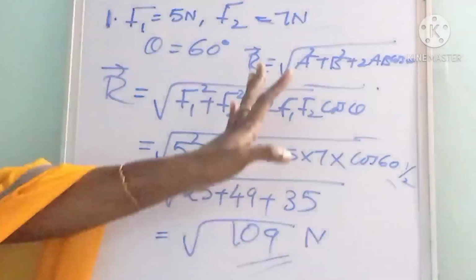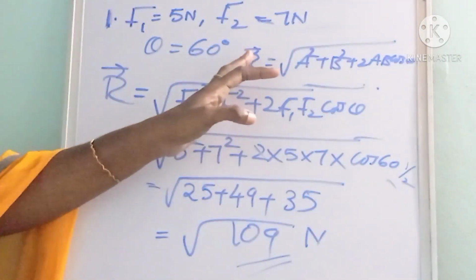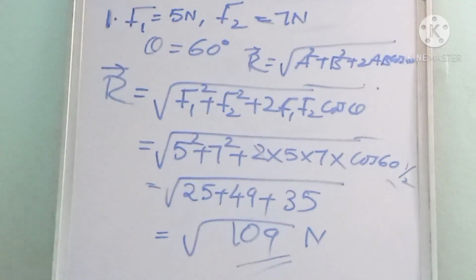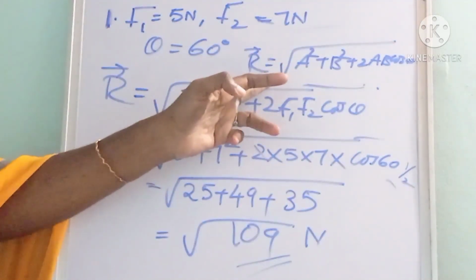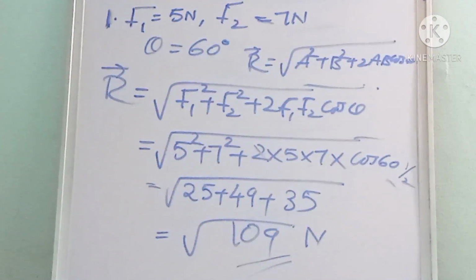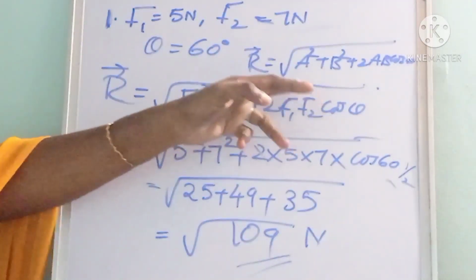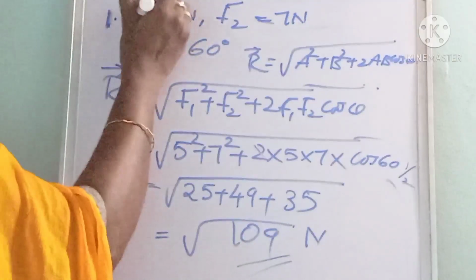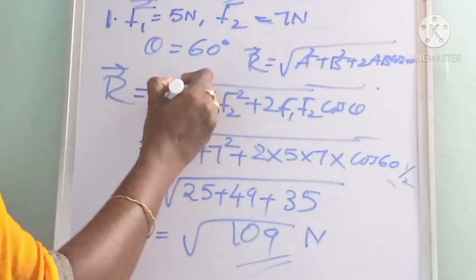We know the general equation for the resultant of two vectors when they are inclined at some angle. R is equal to root of a square plus b square plus 2ab cos theta. Here instead of the vectors A and B, we have the two forces F1 and F2, and since they are vectors, we represent them by the vector symbol.